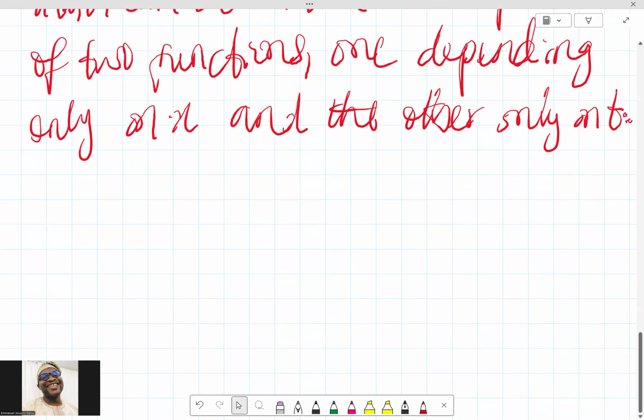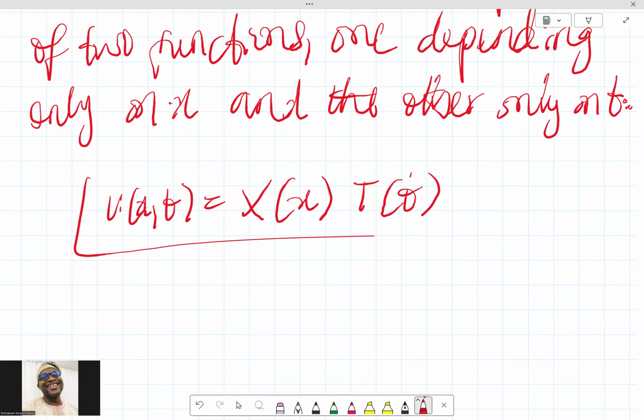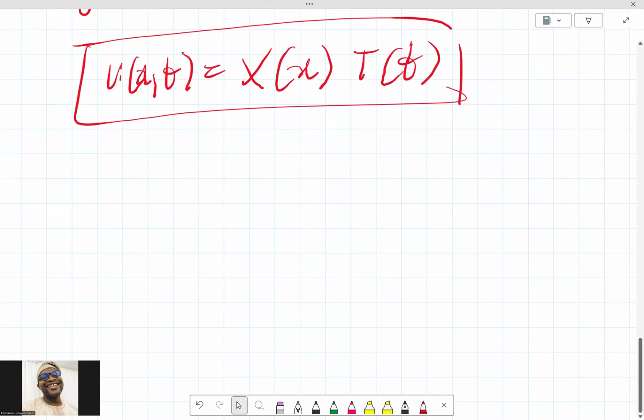Just like we saw before, u of x comma t is equal to X of x for the space, and T of t for the time. This is basically what separation of variables is about.